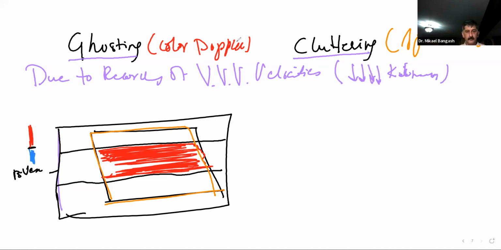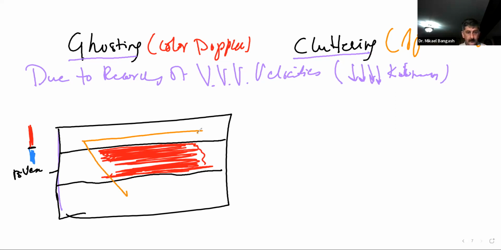Just to make it a little clearer, let's do it this way. I may ask you something again. Is that okay? Yes. This is the direction in which our beam will be steered.